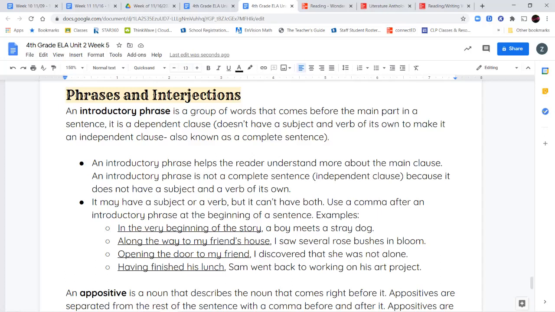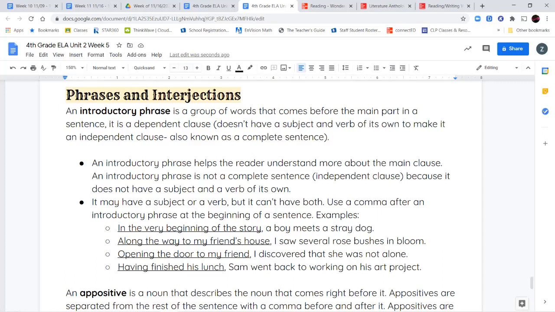So an introductory phrase is not a complete sentence because it doesn't have a subject and a verb of its own. Now, it may have a subject or a verb, but not both. When we're writing an introductory phrase, we always put a comma after it. I'll give you a couple examples. I can say, in the very beginning of the story, comma, a boy meets a stray dog.